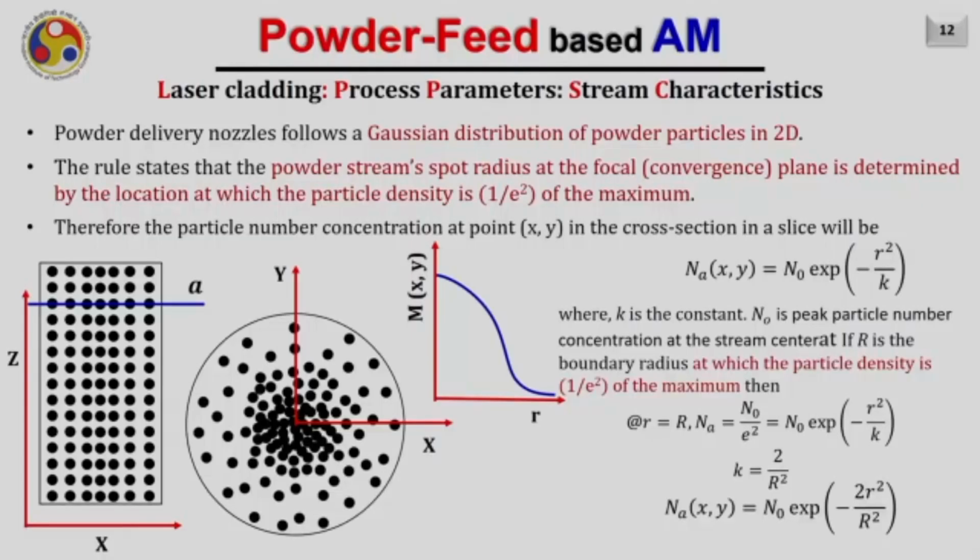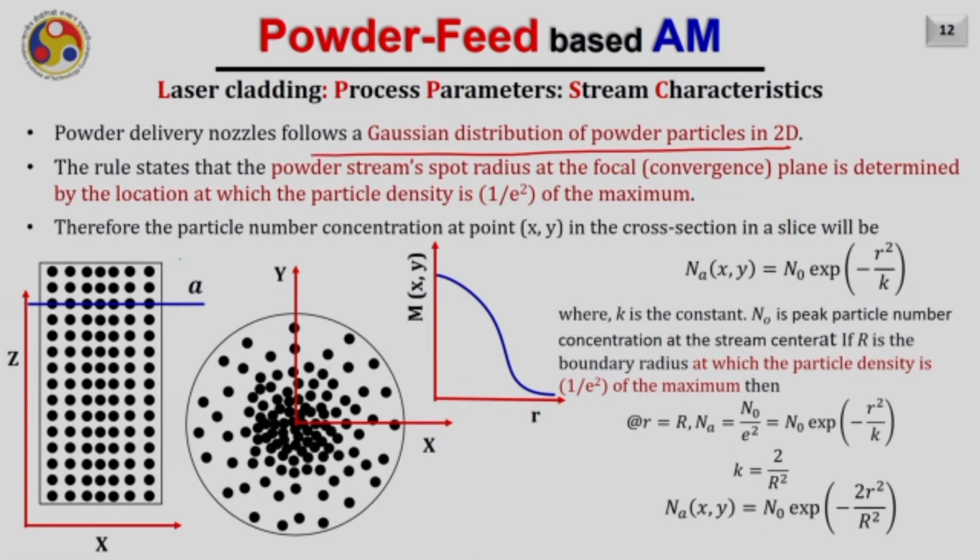And we know that the width can be easily obtained by applying the Rosenthal equation for a moving point heat source, or for more accuracy you can consider it as a moving surface heat source. So basically the powder delivery nozzle follows a Gaussian distribution of powder particles in the 2D plane.